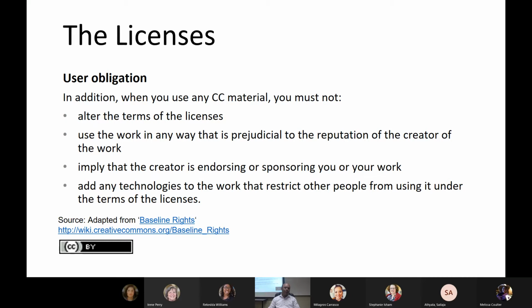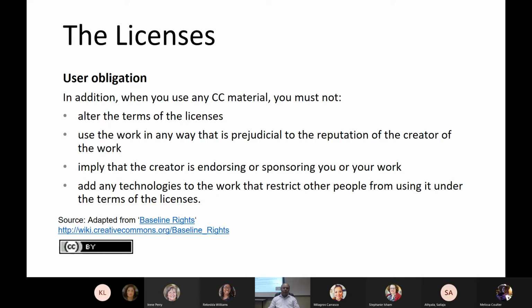You are not able to alter the terms of the license unless the original author does it if they want. Number 2, use the work in any way that is damaging to the reputation of the creator of the work. So in this case, making a commercial use of the work or creating a derivative work where the license does not permit this.